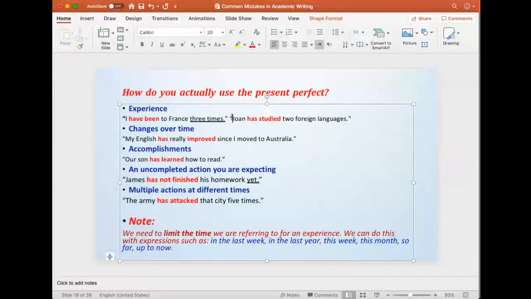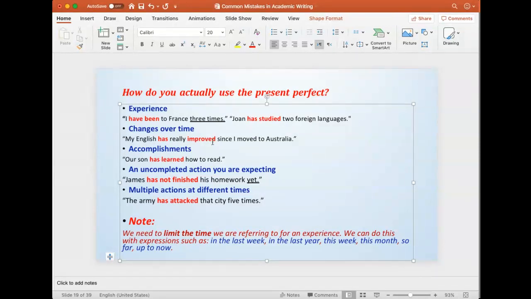The other example, John has studied 2 foreign languages. So he already studied 2 foreign languages. Do we know when he started studying them? No, it's not important. The most important thing is that he studied 2 languages, and he can speak them.